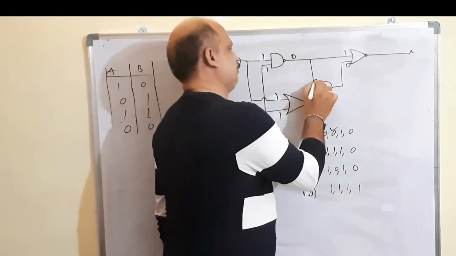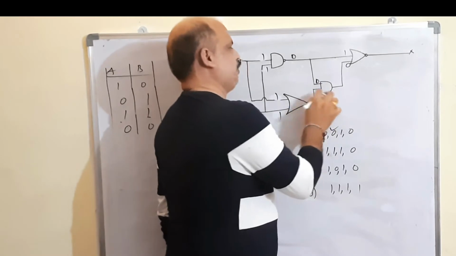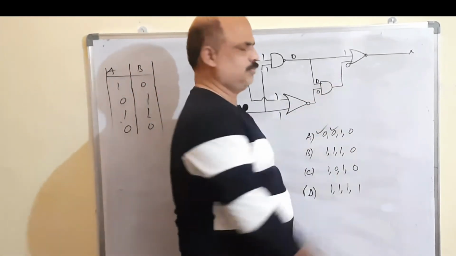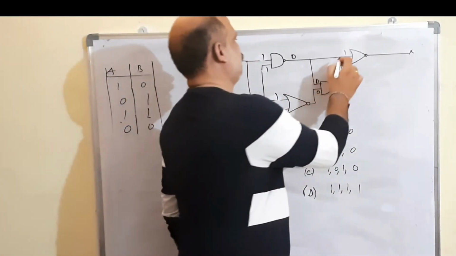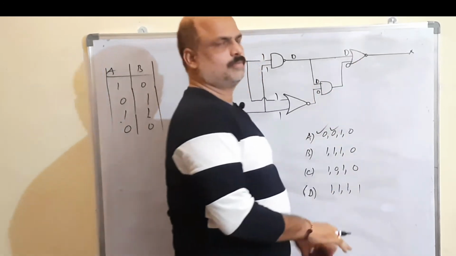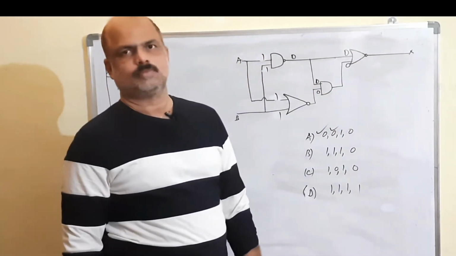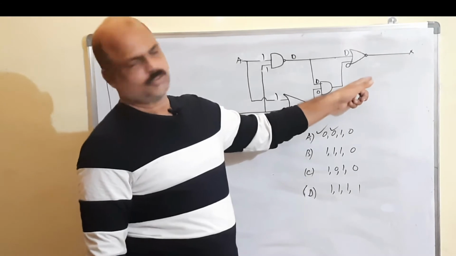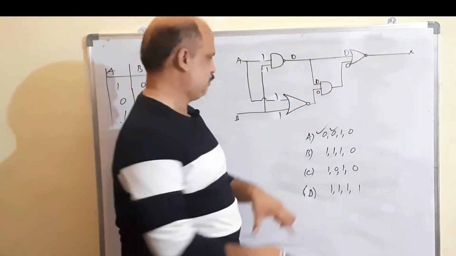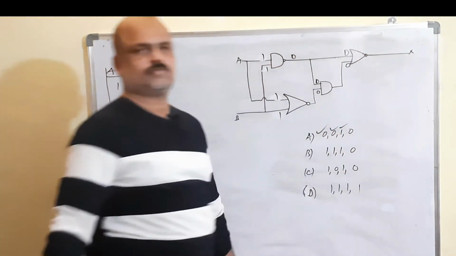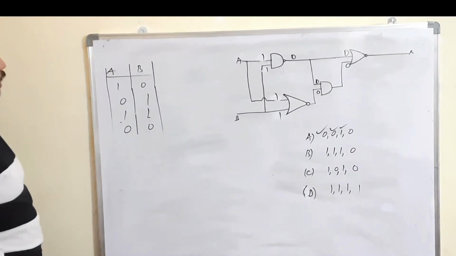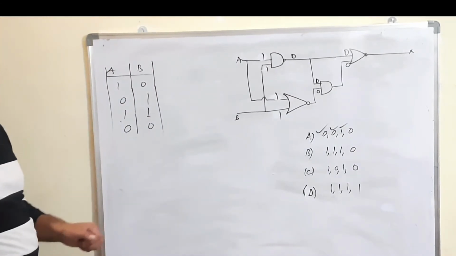So here 0. 0 into 0 is 0. Here this is 0. 0 plus 0 is 0. The reverse of 0 is 1. So this is 1.